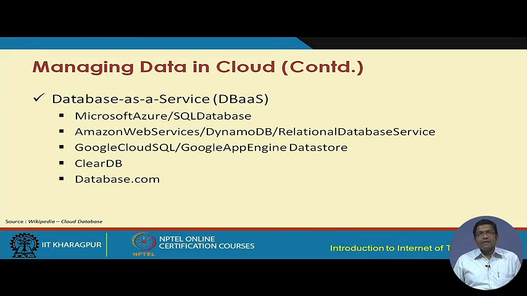Amazon Web Services offers DynamoDB and the Relational Database Service, and Google Cloud SQL takes help of database as a service platforms like Google App Engine Data Store, ClearDB, database.com, and so on. These are the different database as a service platforms, available through commercial or open source mechanisms, for use with cloud.